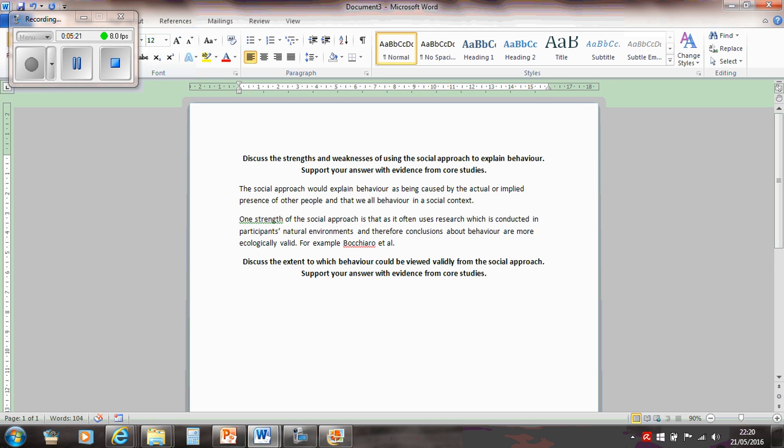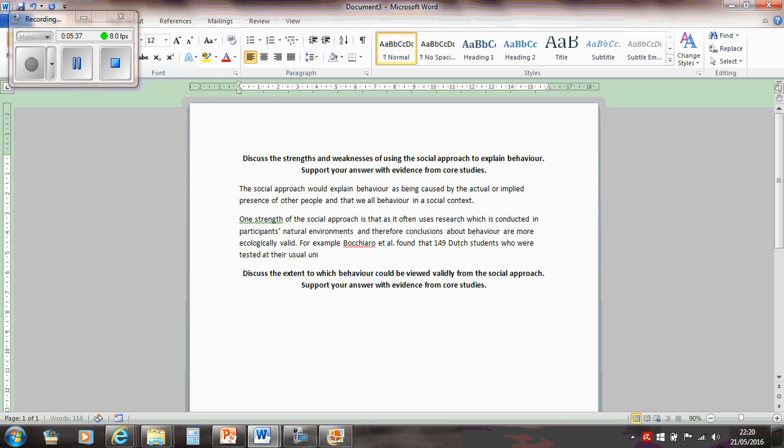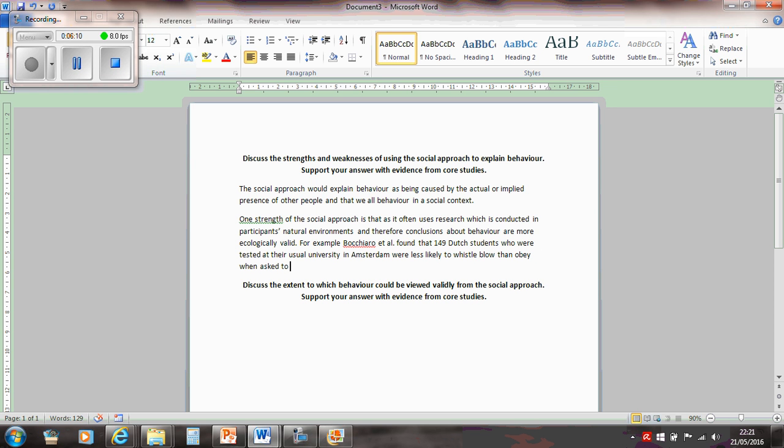Found that 149 Dutch students who were tested at their usual university in Amsterdam were less likely to whistleblow than obey when asked to say research was ethical when it wasn't.